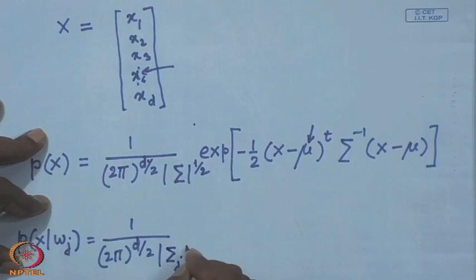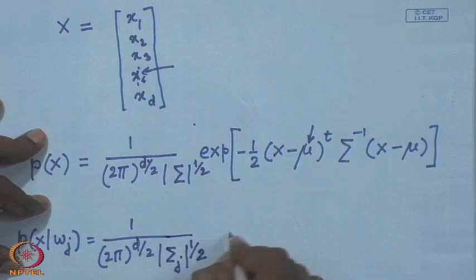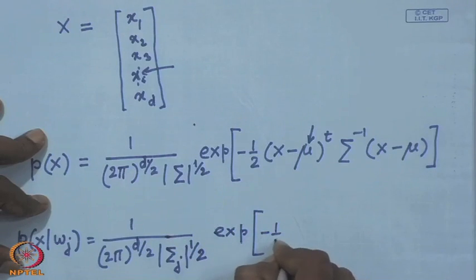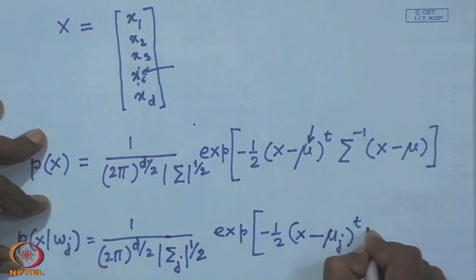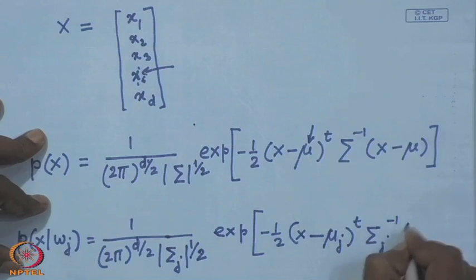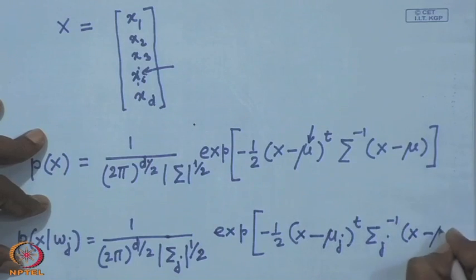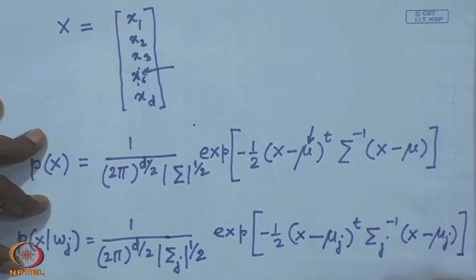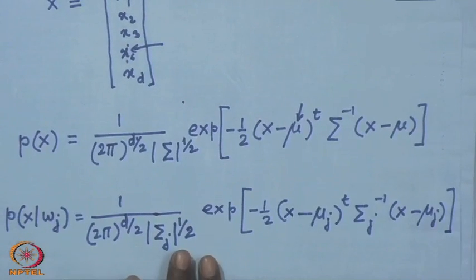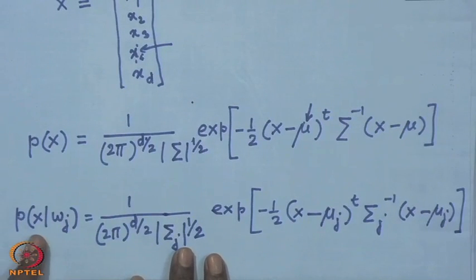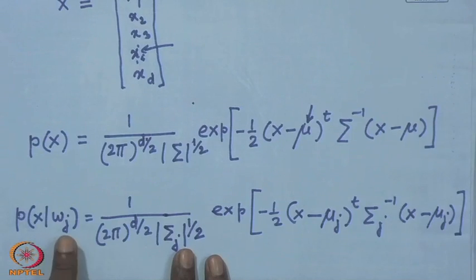So, it will be determinant sigma j to the power half, and the exponential term will simply be minus half into x minus mu j transpose sigma j inverse x minus mu j. Okay. So, this will be the expression of the class conditional probability density function for all the sampled vectors x taken from class omega j.